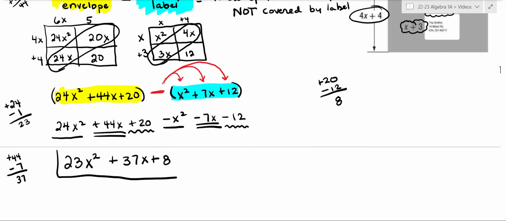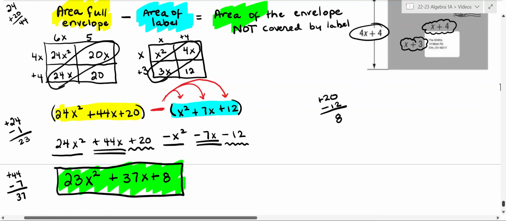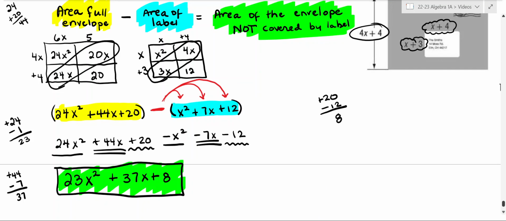And there you go. This is, in green, the area of the envelope not covered by the label.